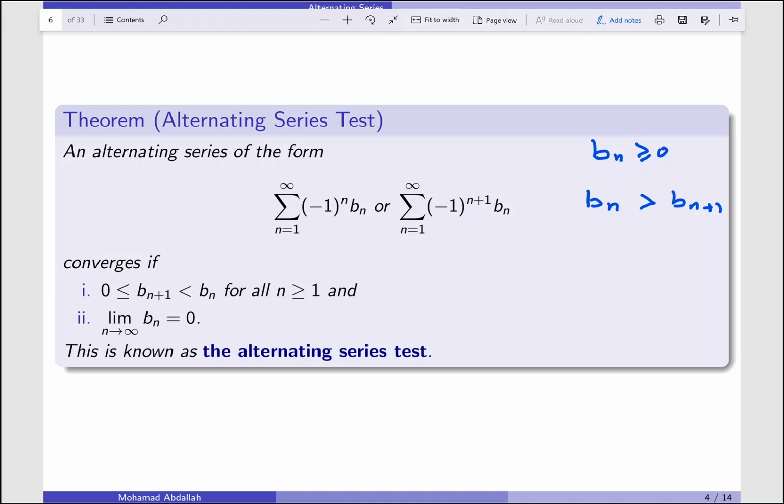So the function of Bn has to be decreasing. And the limit of Bn must go to 0 as n goes to infinity. If these two conditions are satisfied, then the alternating series converges. Okay, so these series converge if these are satisfied, and that's what we call the alternating series test.